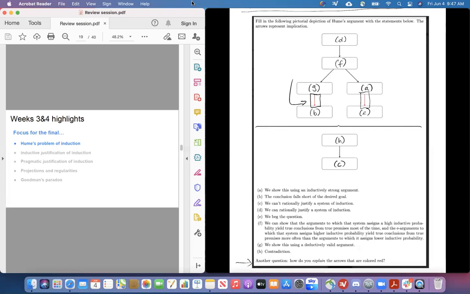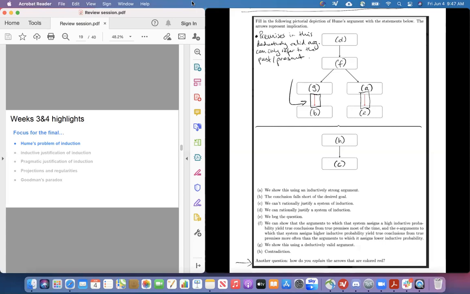So first thing to note, this is what we said in the videos about this. The premises in this deductively valid argument can only refer to the past or the present.